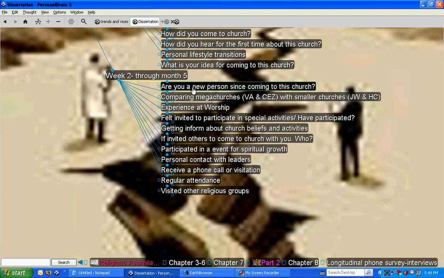I also presented a way to compare the megachurches with the smaller churches in regards to assimilation, and then their experience at worship. If they felt invited to participate in special activities that the church organized, and if they participated in those activities, how did they get informed about the church beliefs and activities?